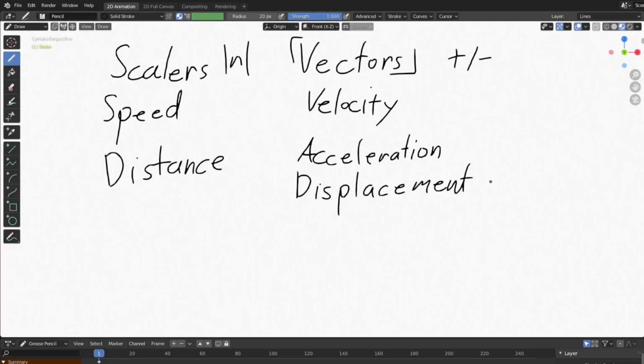And we should talk about what these things are. Distance is, well, if I were to start at 0 and then go to 10 meters away from me, that's just 10 meters. Now let's say at 10 meters, I then also walk back 5 meters.